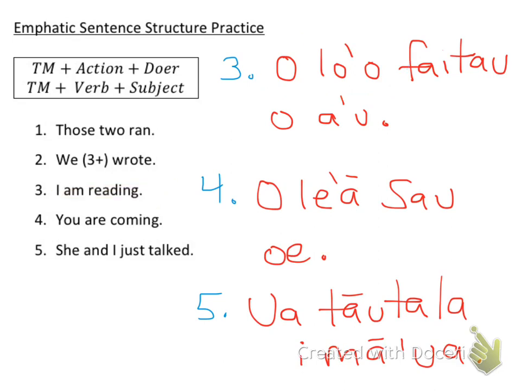In the 4th sentence, that one's pretty self-explanatory. The only thing I will say about this sentence is you could easily turn this into a question. In English you would switch the word order around. You'd switch this R to the front. And you'd say, are you coming?